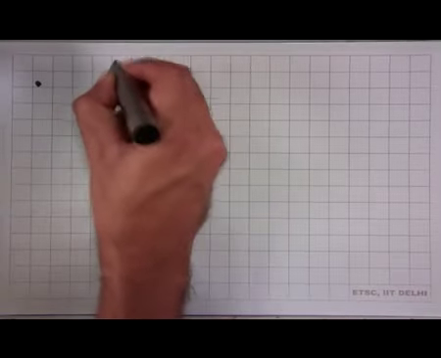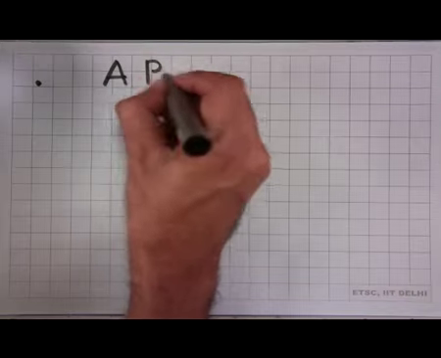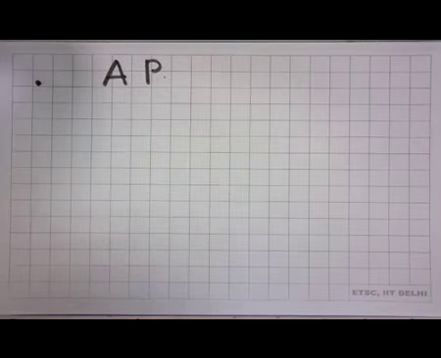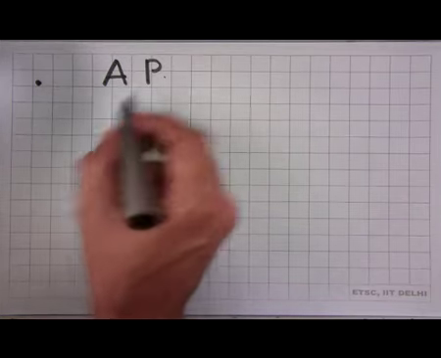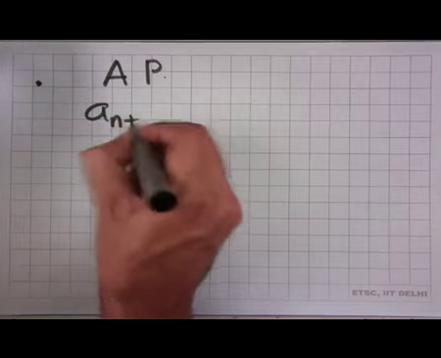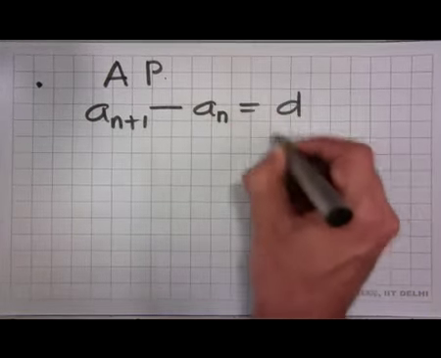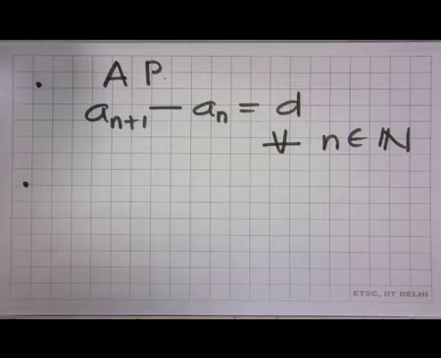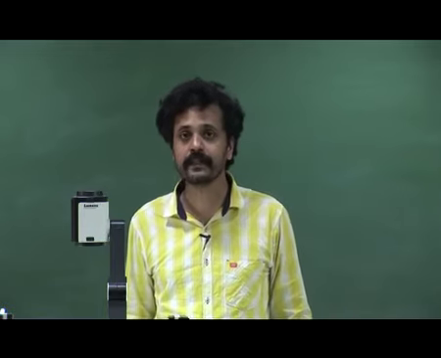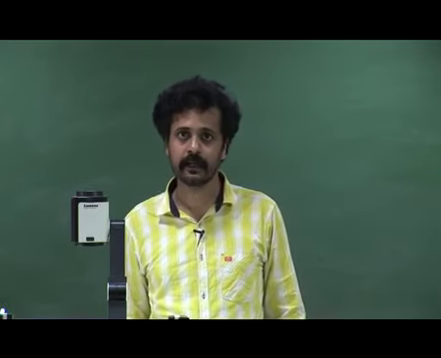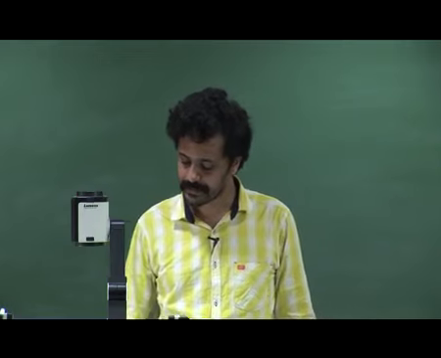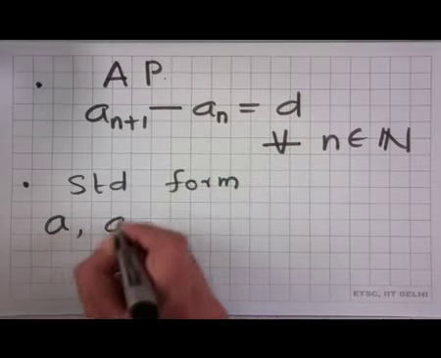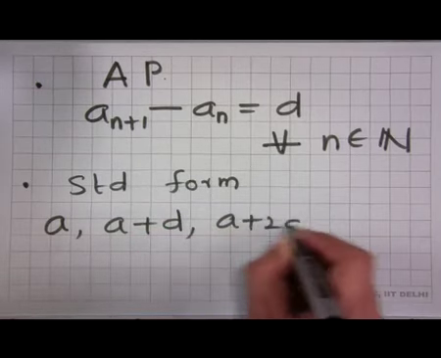So, let me sum up. We have looked into the definition of an arithmetic progression: a sequence such that the difference between any two successive terms remains constant is said to be an arithmetic progression. The standard form of an arithmetic progression with first term a and common difference d is a, a plus d, a plus 2d, and so on.